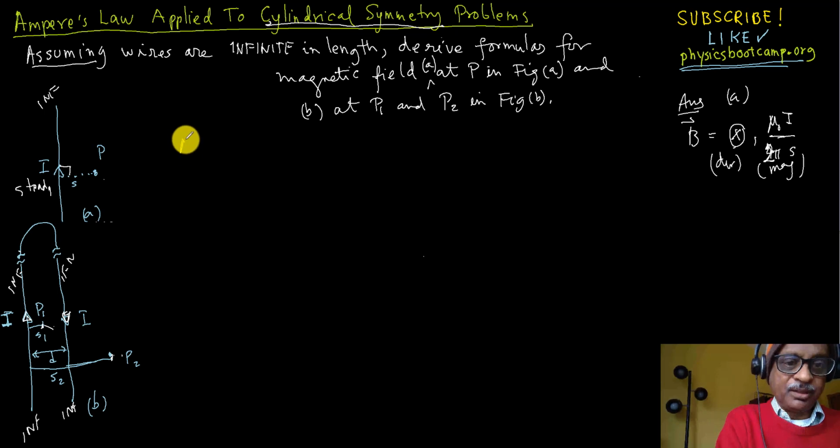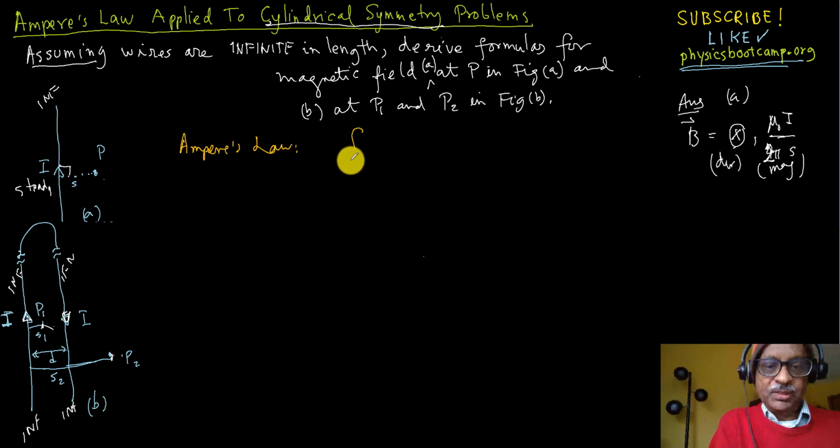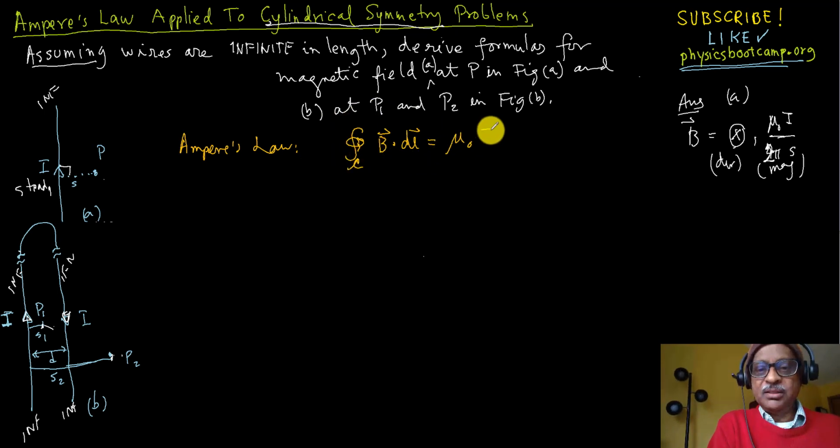So Ampere's law is this: you do a circulation of the magnetic field in an oriented loop, around some loop, of this quantity, magnetic field dot dl, and when you're done doing it, it is going to be equal to mu naught times the current that got enclosed by this loop.